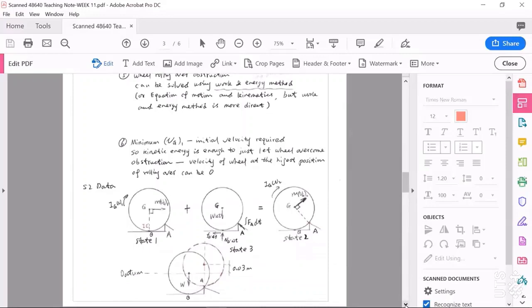For state 3, the velocity of the wheel should be 0 based on our analysis just now. Okay, now we can have our diagrams.